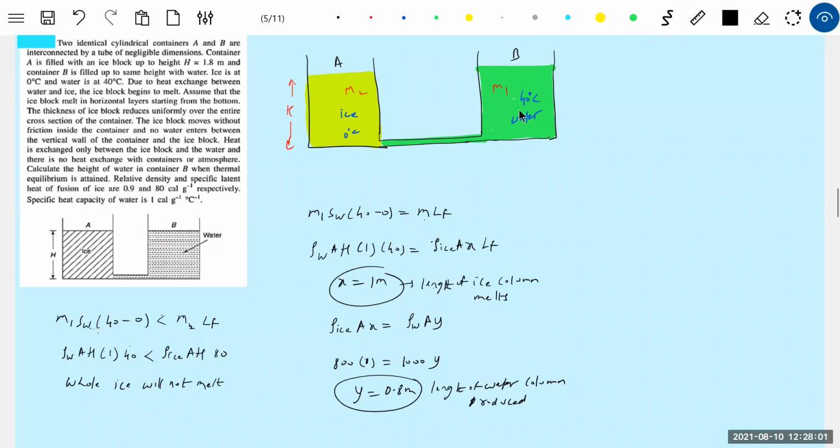So how much of water will go on this side, how much of water will stay here, we don't know that. Am I right? Some Y length of water is formed here. Will it stay here only? No, some part of water will go there, and this level of water will rise. So finally what do we get? We get a situation like this. How to proceed after this?